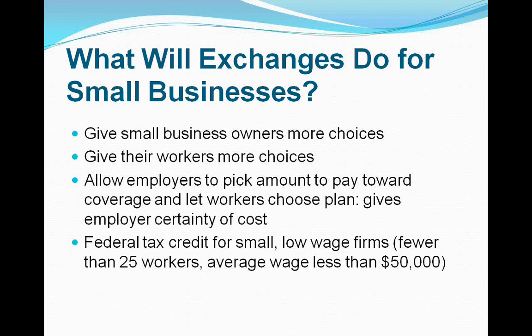I will say that for more information on this particular piece, one of your handout pieces does go through the subsidies in greater detail, so you can see there are actually 2 different ways that subsidies are provided.